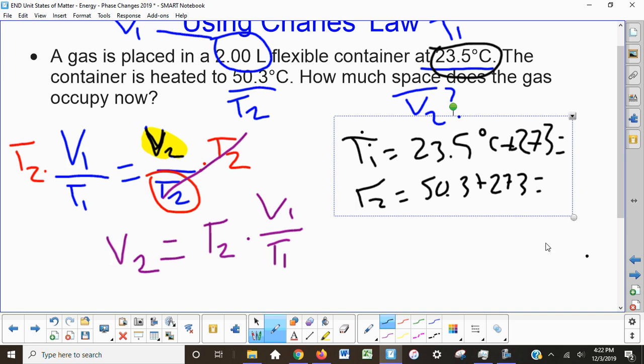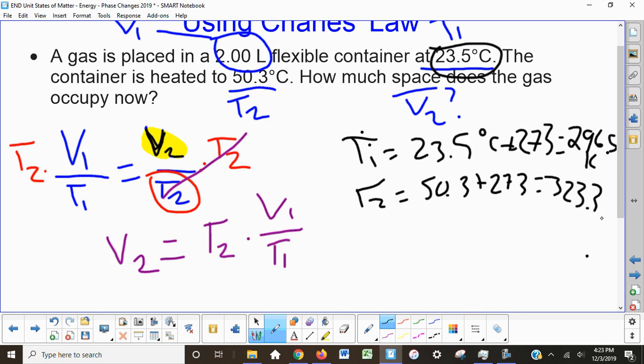You do not want to ever leave them in Celsius. As soon as you see them, convert them to Kelvin. So we've got 296.5 Kelvin for temperature 1, and for temperature 2, we've got 323.3 Kelvin.